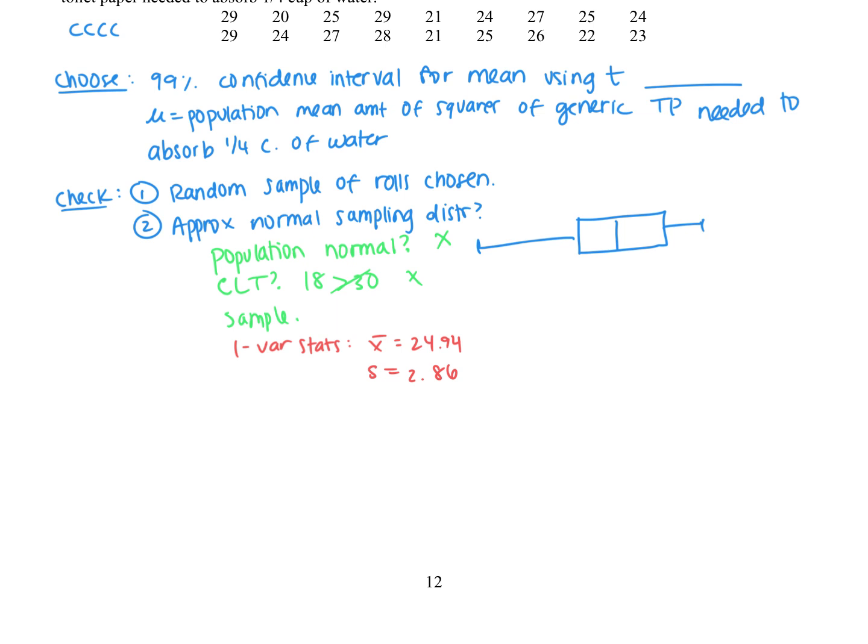Okay, so this is our graph of the sample. What we are verifying is that there is not extreme skewness or outliers. We need to be very specific in the way we word this.